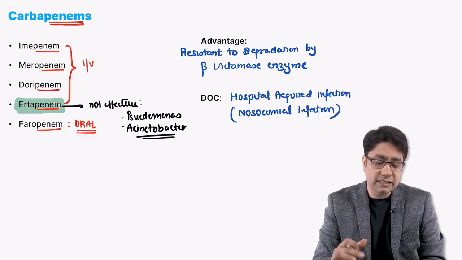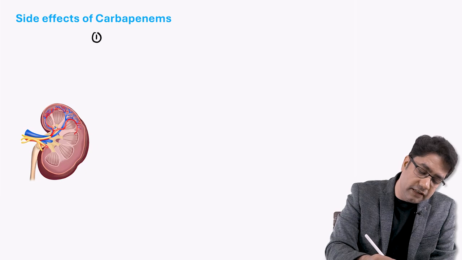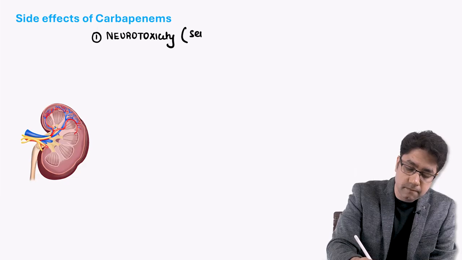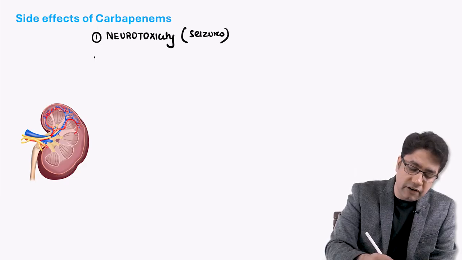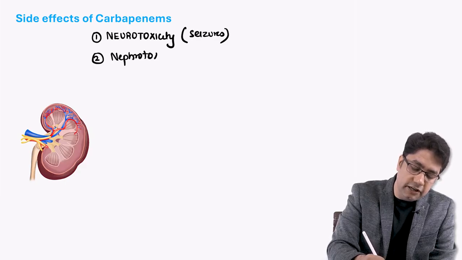So what is the main side effect of carbapenem? The first side effect is they are highly neurotoxic molecules. And in neurotoxicity, remember, they can cause seizures. And the second side effect of carbapenem is they are nephrotoxic. They can damage the kidney.